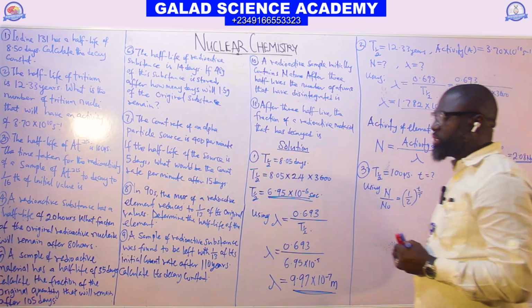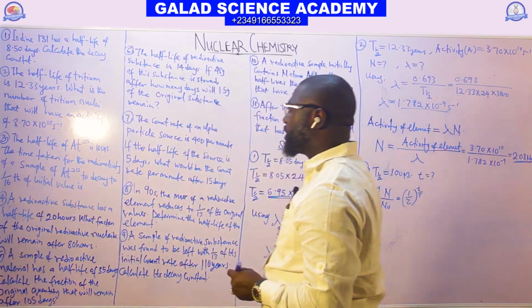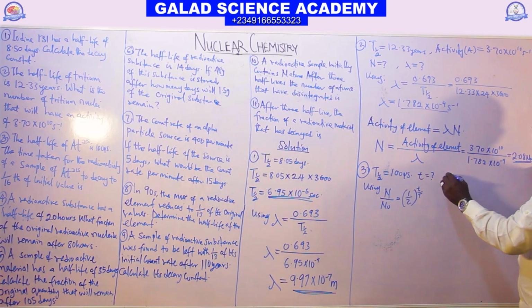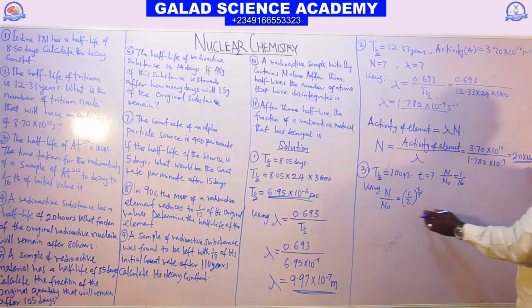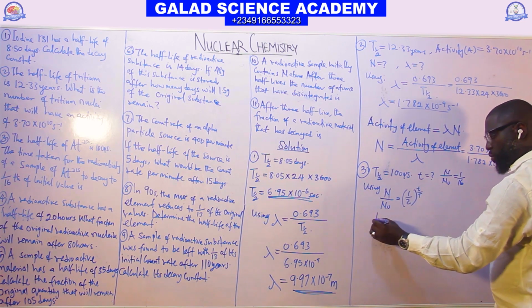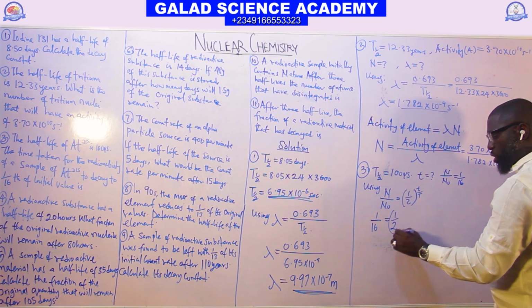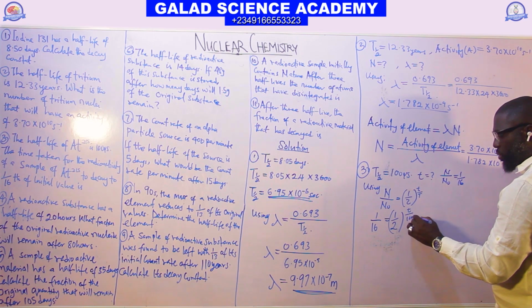We are given that this is equal to 1 over 16 of the initial value. So N over N naught is 1 over 16. We can now put it here: 1 over 16 equals 1 over 2 to the power small t over 100.